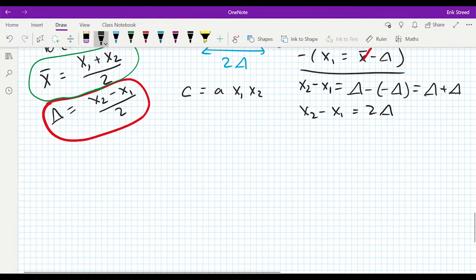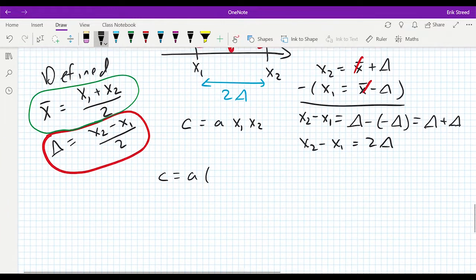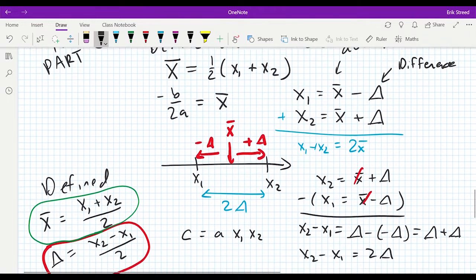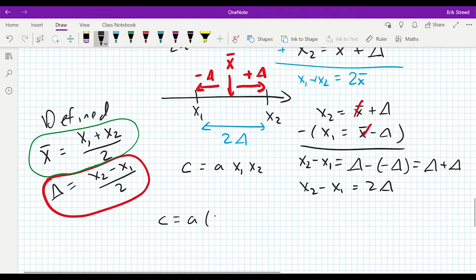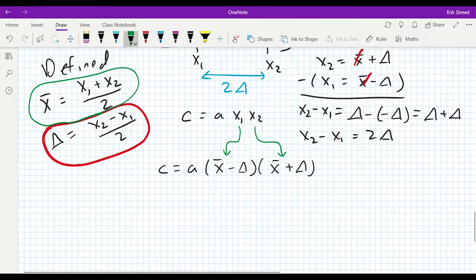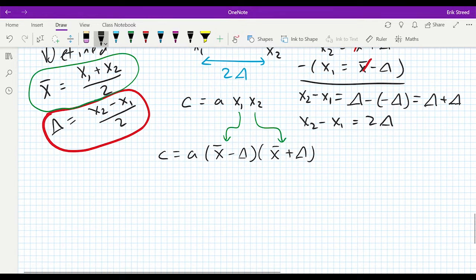We've got C is equal to A. And so instead of x1, I had x bar minus delta, and then x bar plus delta. So x1 is turning into this, and x2 is turning into that. And so what do we have here? We've got C, A, parentheses, FOIL again.